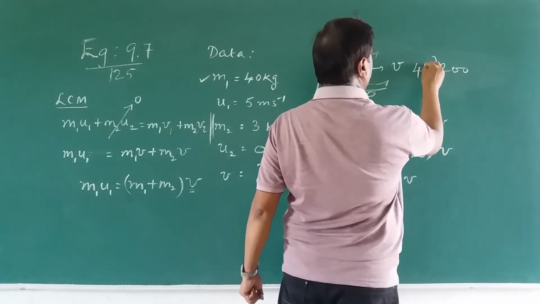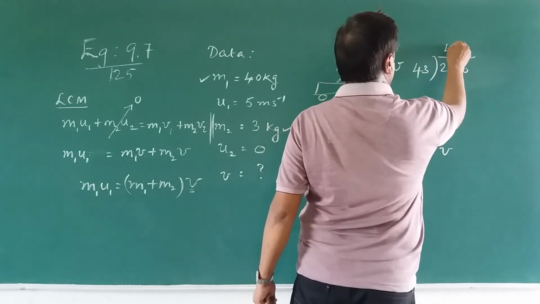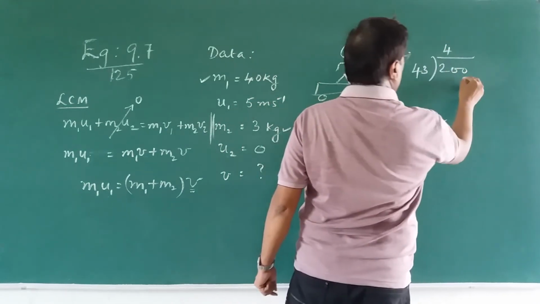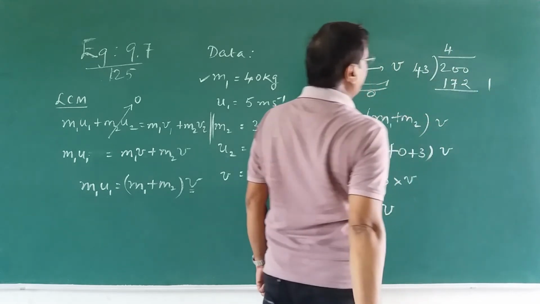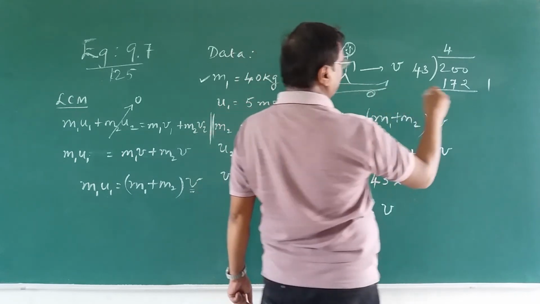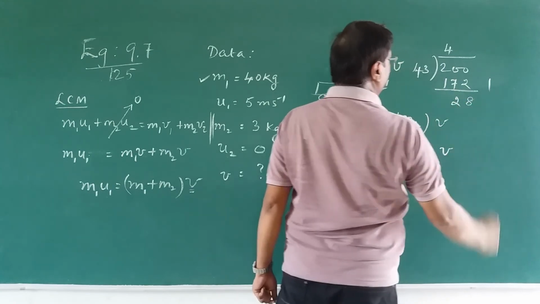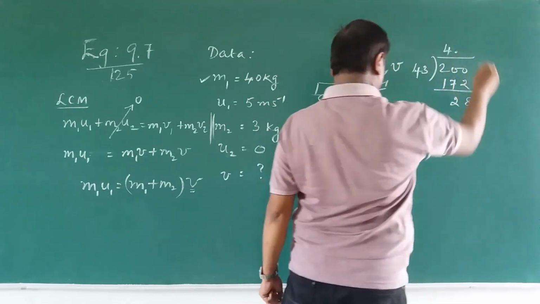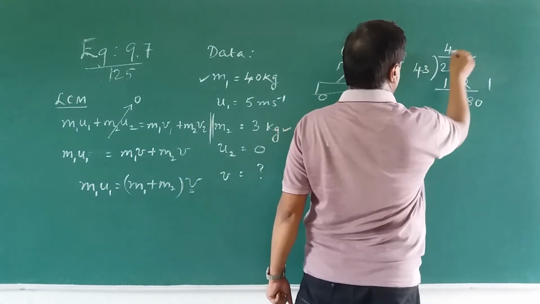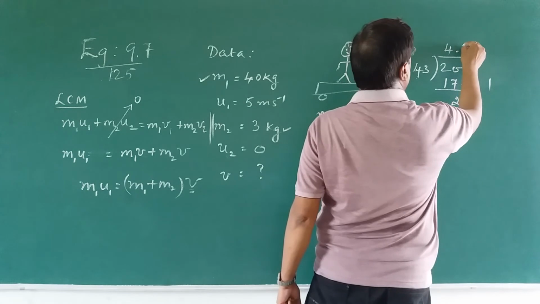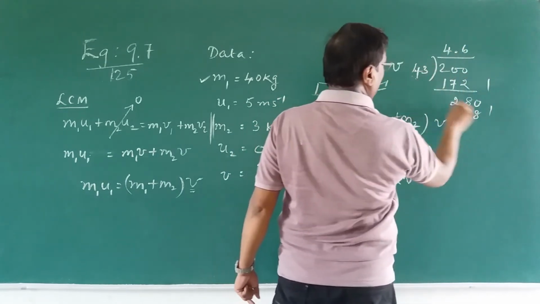200 divided by 43. 5 times it will not go, so 4 times. The difference is 28. Add point 0. 6 times you will try.